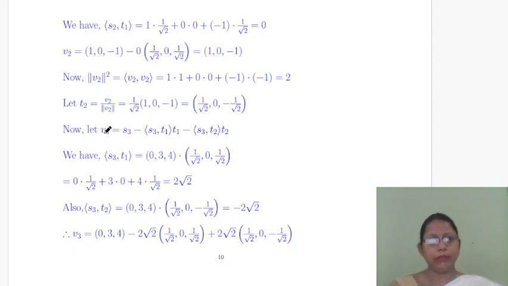Next we define B3 equal to S3 minus inner product of S3 and T1 times T1, minus inner product of S3 and T2 times T2. To find this value, we have S3, we have T1, we have T2, but we need the inner products of S3 with T1 and S3 with T2.